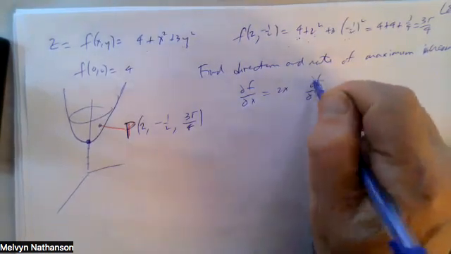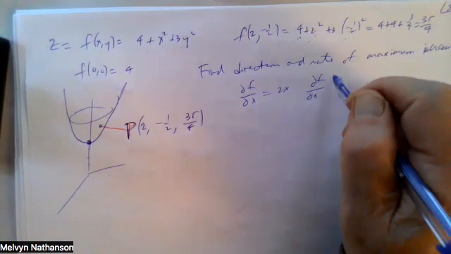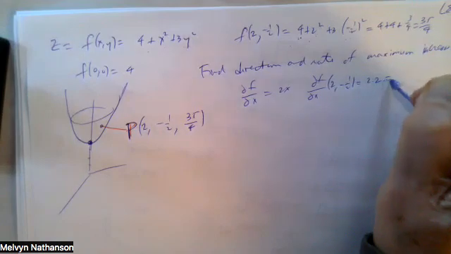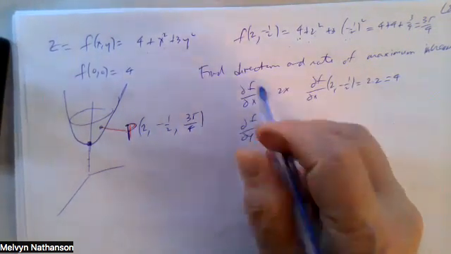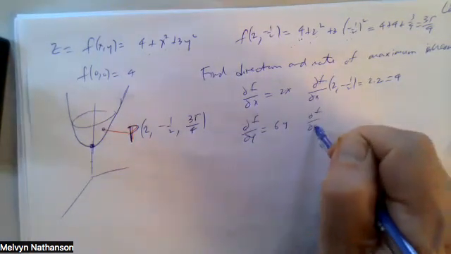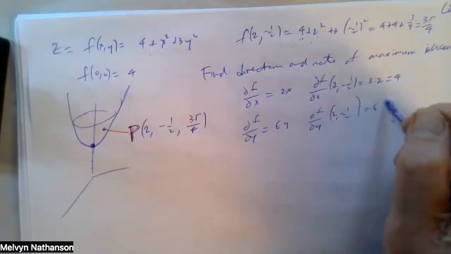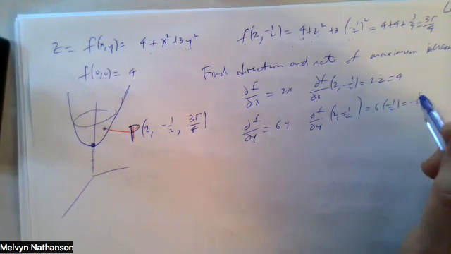At x equal to 2 and y equal to minus a half, that is 2 times 2, or 4. Partial of f with respect to y is 6y, so at (2, minus a half) it is 6 times minus a half, which is minus 3.